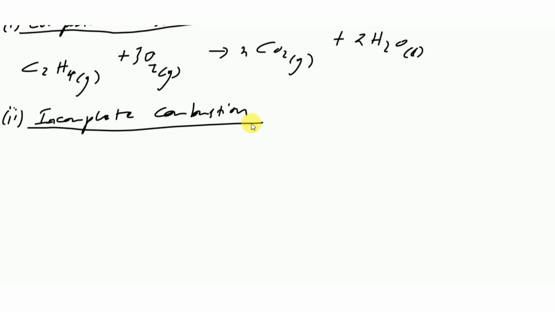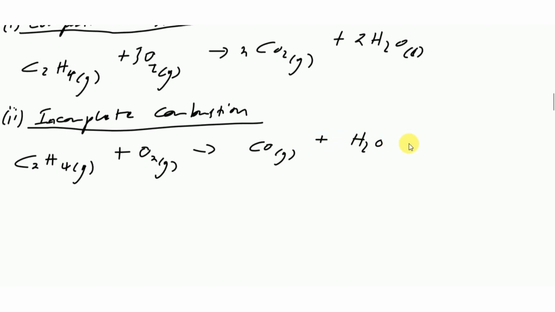So when ethene reacts with oxygen which is insufficient, this will produce carbon monoxide plus water.